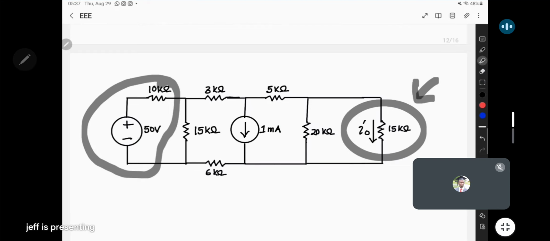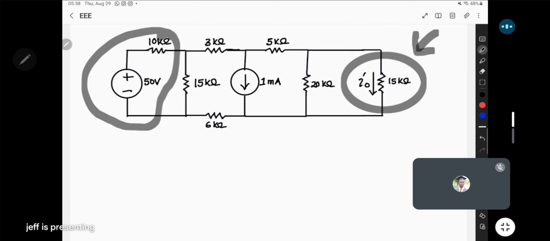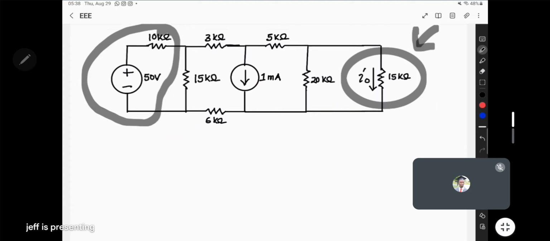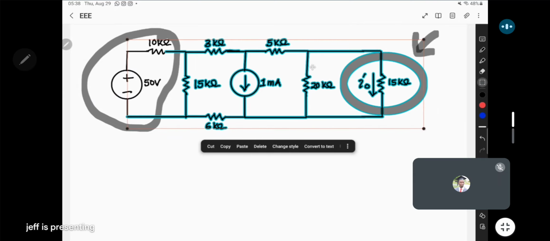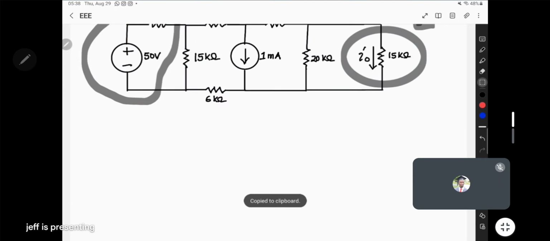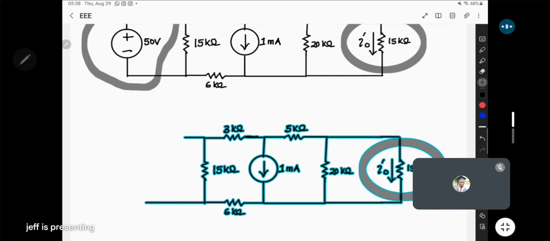And here we see that the 50 and the 10 kilo, those are in series. That's a voltage and a resistor. And if you recall, it means that we can transform this into what? A current source in parallel with the same resistor.